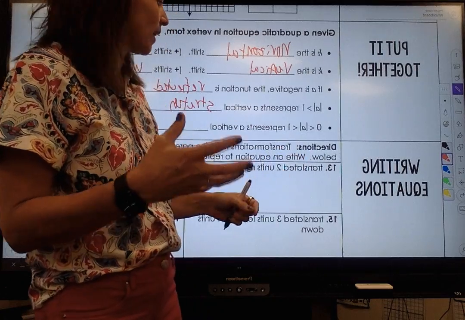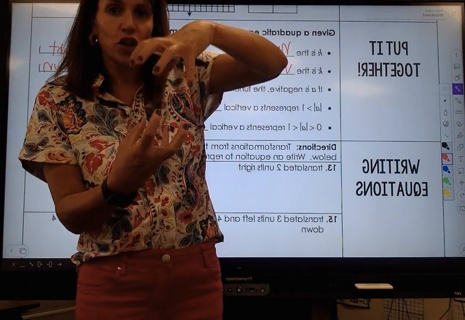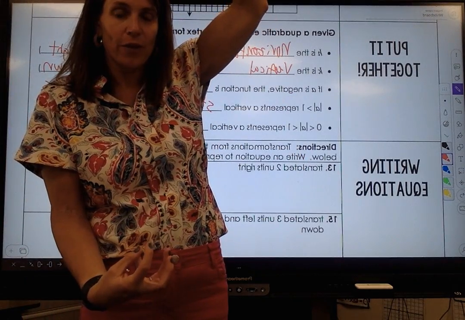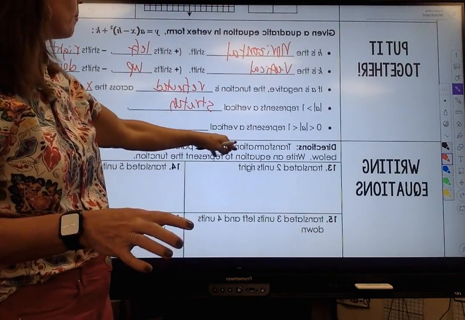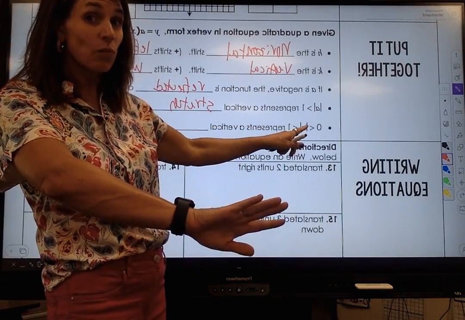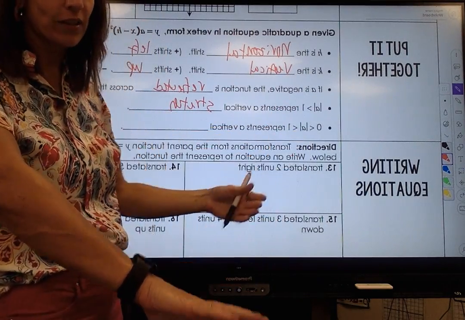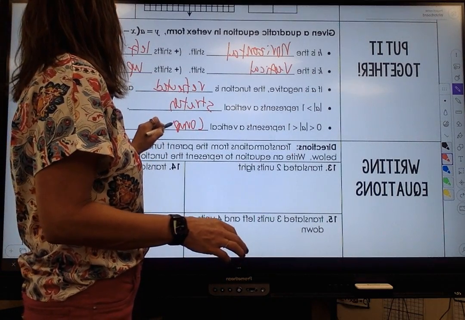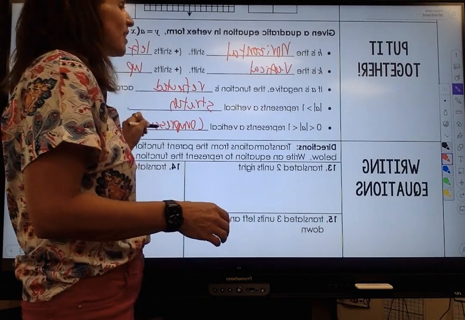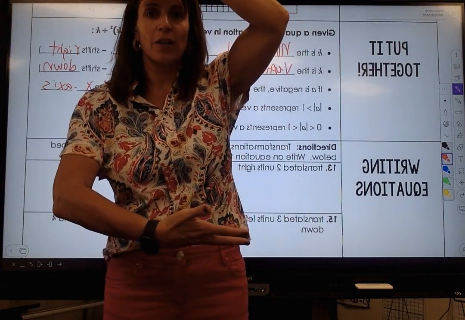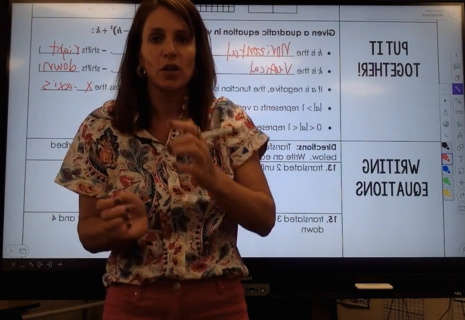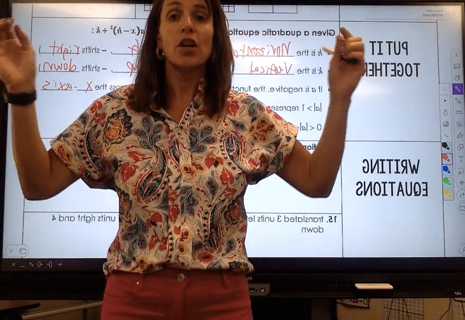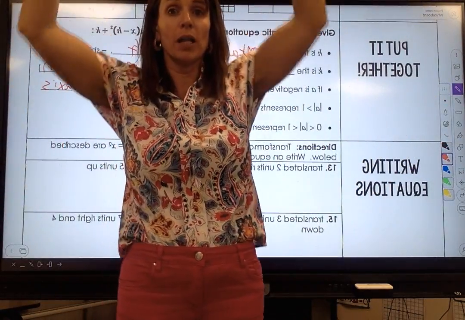Because this value, I'll show you in a second, it's going to stretch that graph, okay? When A is less than 1, so less than 1, greater than 0, it's a compression. And a compression is like it's taking that parent graph and it makes it fat. It's like compressed, which spreads it out this way. A stretch makes it go up a lot.